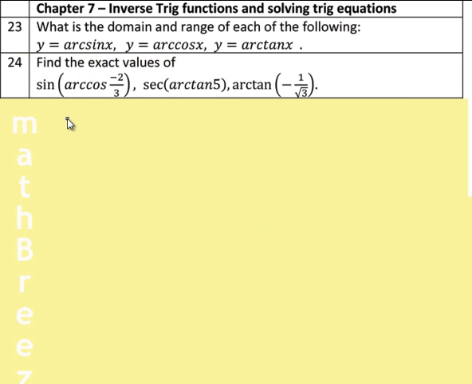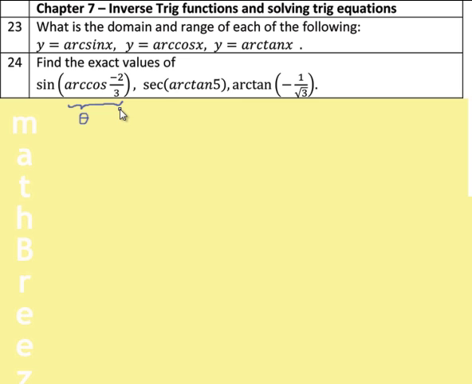In 24 we want to find these values. Let's start with the first one. Okay, so we have the sine of arc cosine of minus 2 over 3. So let's call this angle theta. Theta is an angle whose cosine is minus 2 over 3.